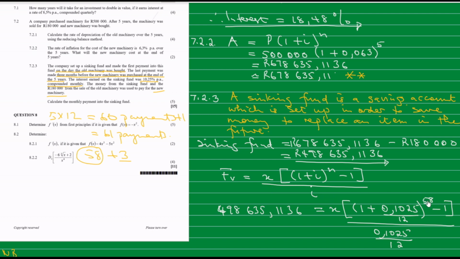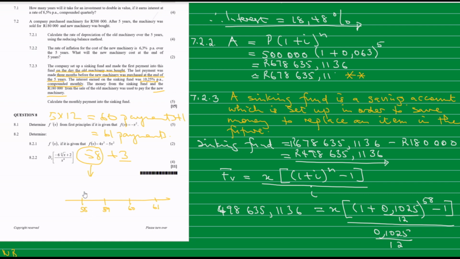We made 58 payments. However, when we made 58 payments, there was a lump sum amount in the savings account. If I were to draw a timeline here, this is 61, 60, 59, and 58.